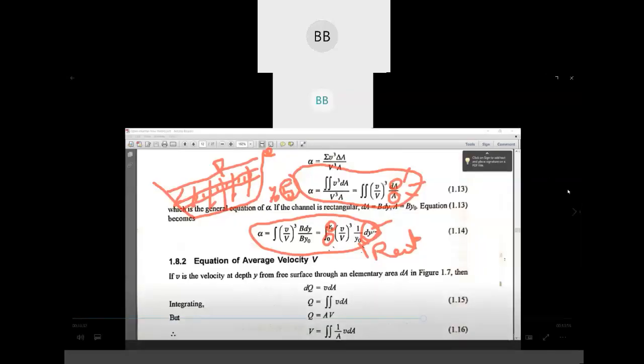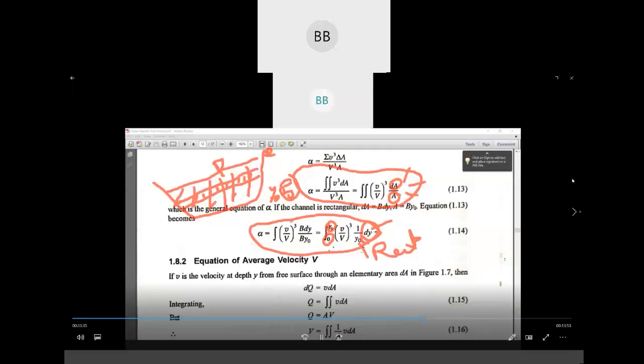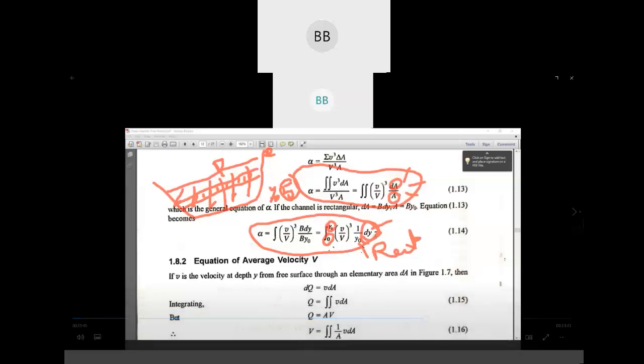When you have y dy here, you are integrating this equation with respect to y, so the limit should be with respect to y. You have already studied this in mathematics: when you integrate with respect to something, the limit should be relevant to that. As we are integrating with respect to y, the limit goes from 0 to y, which is related to your depth of flow.